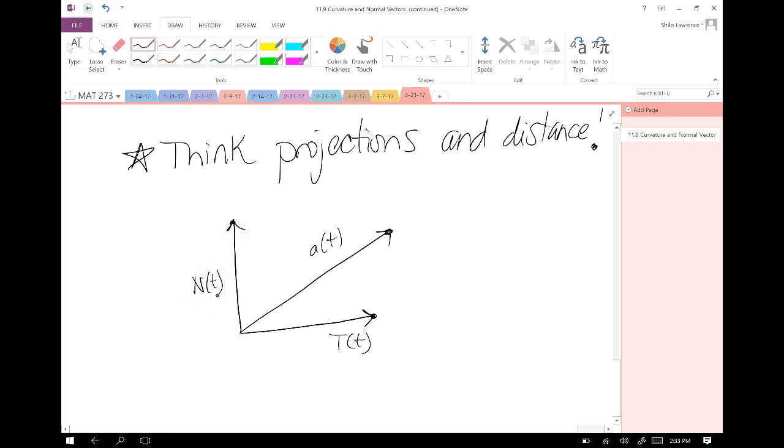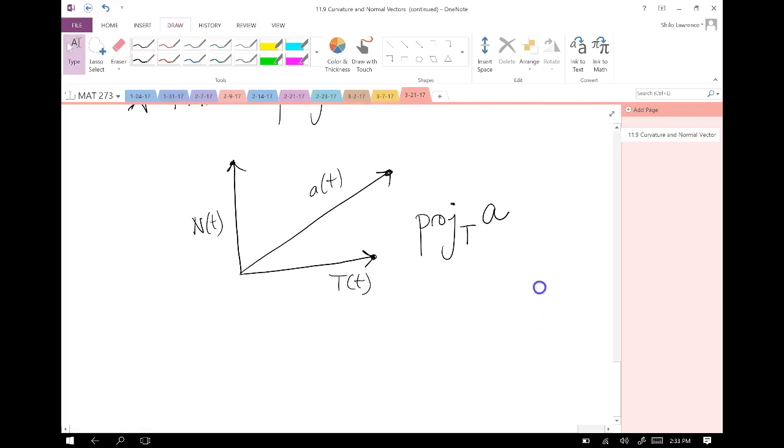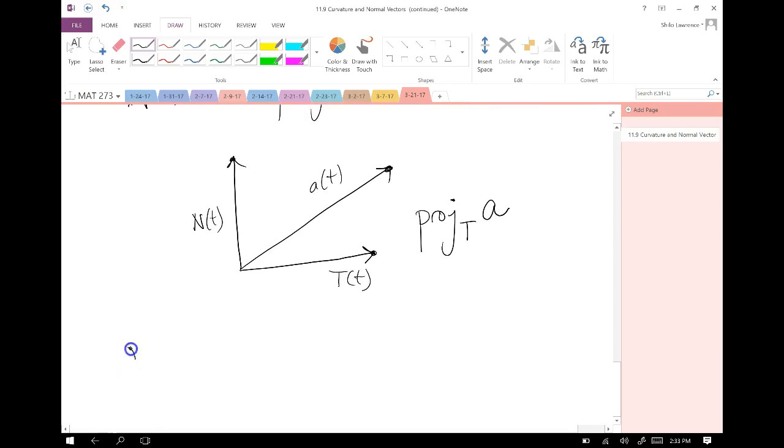If I want to project my acceleration vector onto my unit tangent vector, I want the projection of A onto T. So the tangential component of acceleration, this is just how I need to scale my tangent vector.